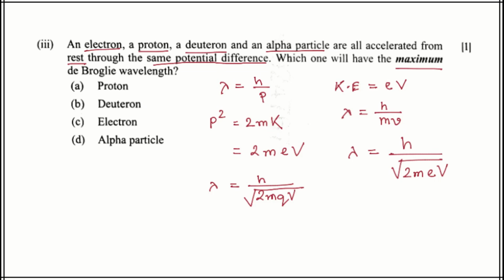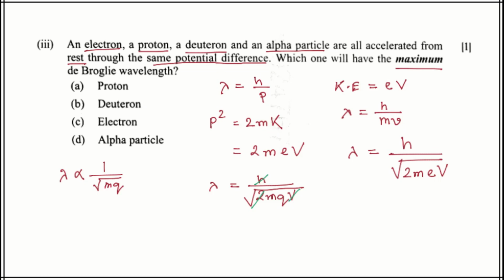Now in this case, h is a constant, so we don't want to keep this one. Then V is also constant in this case, as it is said, same potential difference. 2 is also constant. So we are left with the relation where lambda varies as 1 by root over mass times charge.